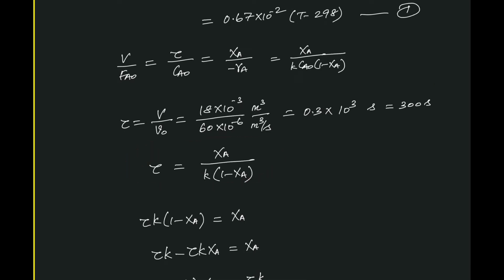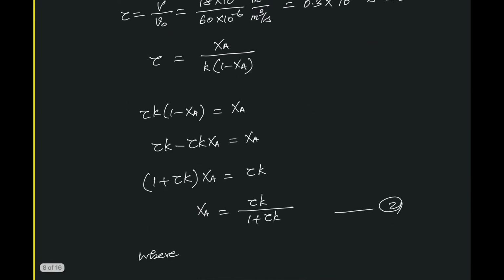So using this, okay. Now we have Xa as a function of T from material balance. From energy balance, Xa as a function of T is also available. Of course, that was a straight line, whereas here this is not a straight line. Always k has an exponential relation with temperature.